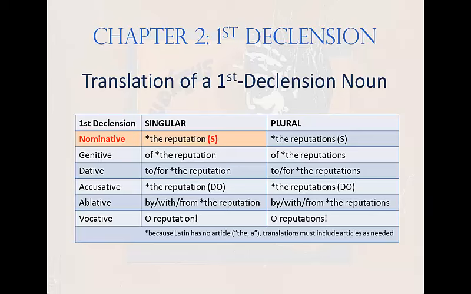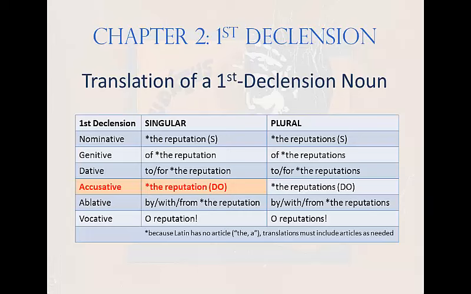The genitive singular is translated as of the reputation, or the reputation's, although I can't imagine anyone actually saying that. The dative is translated to or for the reputation. The accusative is translated as the reputation, with do in parentheses after it, to indicate that the word most likely functions as the direct object in the sentence.